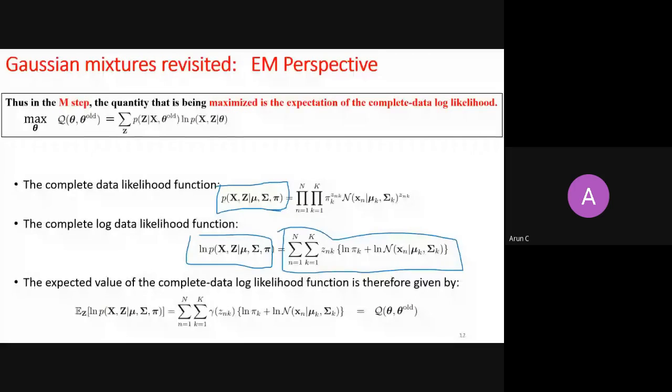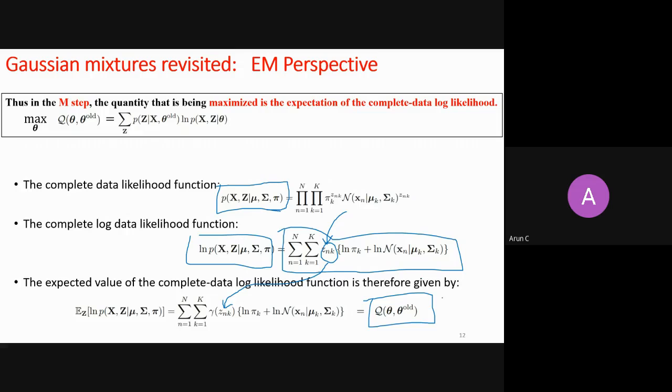Because I said you need to calculate the expected value with respect to this posterior distribution, and here I was not aware of the value because it was incomplete, I need to replace it with this expected value. The moment I replace it, what will I get? This is the same thing.